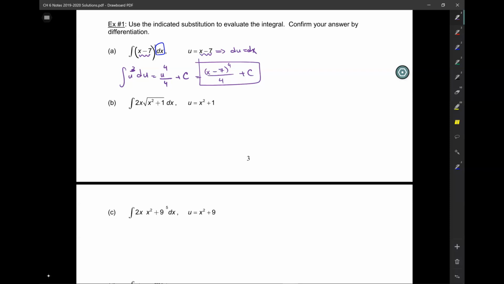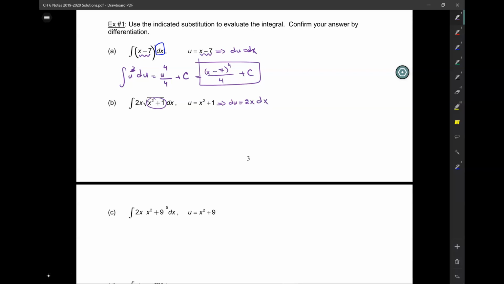So you take the inside of that complicated part. So this is going to be my u. du is the derivative of x squared plus 1, which is 2x dx.